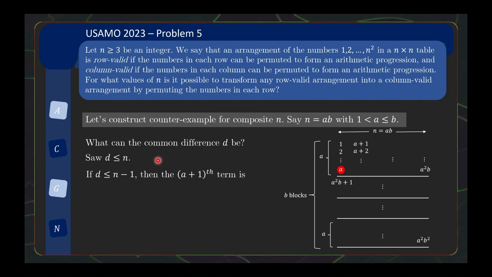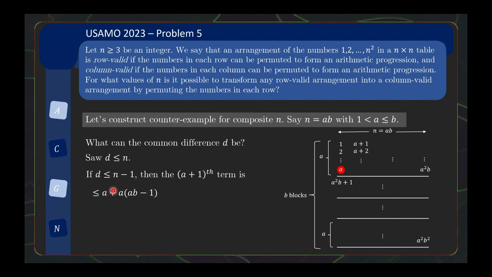At the same time, D cannot be too small because intuitively the AP will cover too many terms in the first A rows, which is a contradiction. And the specific way to show this is: what can the A plus first term be, right? So if D is too small, the A plus first term is at most the first term plus A times the common difference, right?